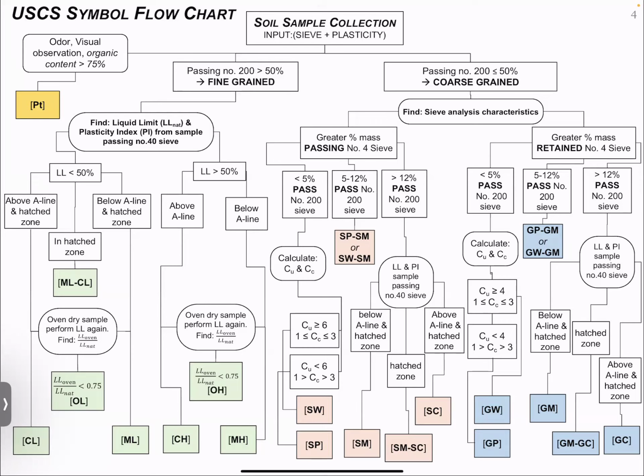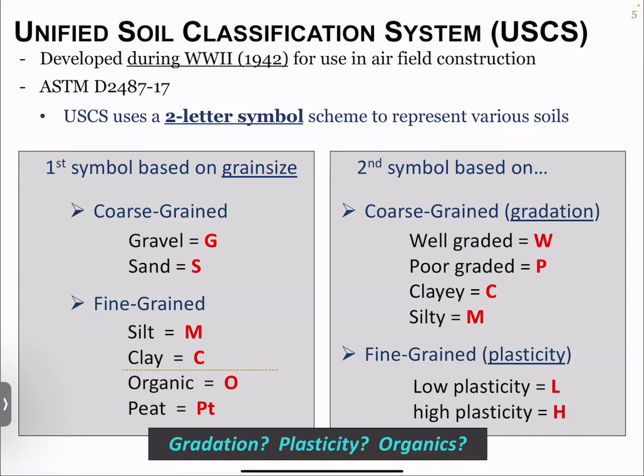This flow chart is the USCS flow for the symbols. You can see at the bottom, these are the group symbols. We start at the top, and we finished with 1 example. We'll go over 2 more examples, but this is the overview of the USCS. The first symbol is based off of the grain size, so we primarily have either coarse grained or fine grained.